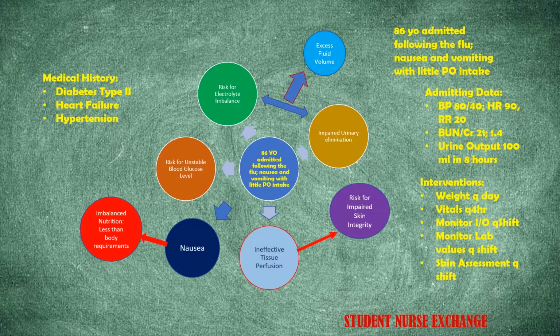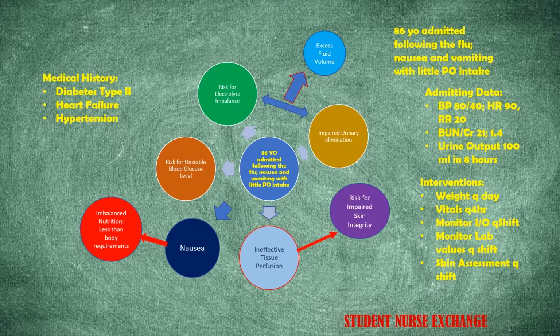If we're getting IV fluids going and medication started, that blood pressure within 12 hours should be back to a normal range. We can expect the BUN and creatinine to decrease to normal range, if they haven't gone into renal failure, within 24 to 48 hours.